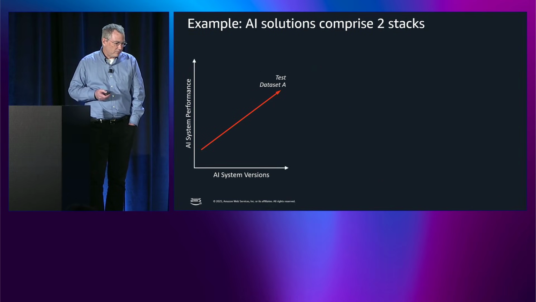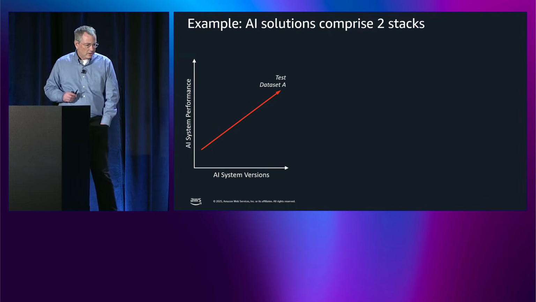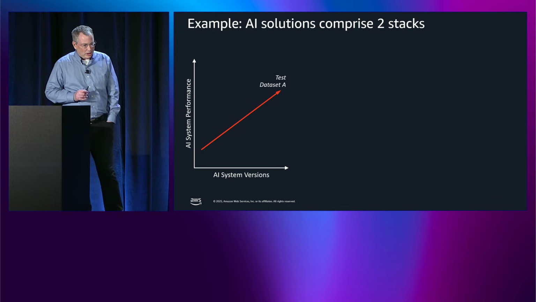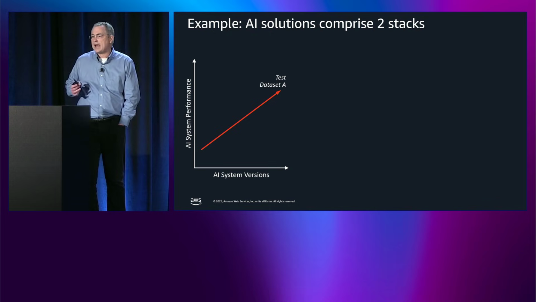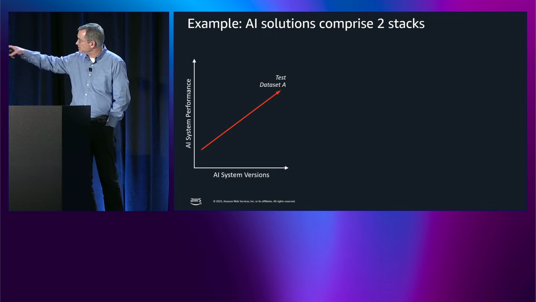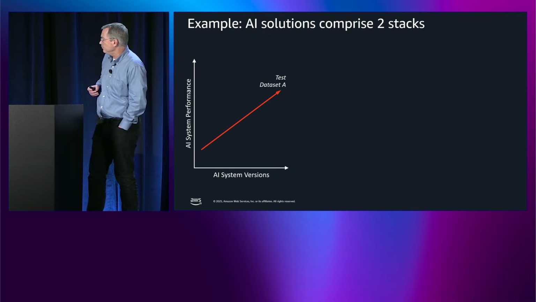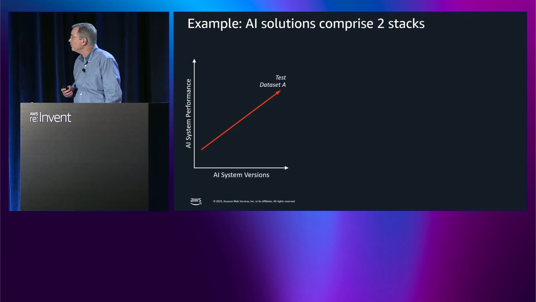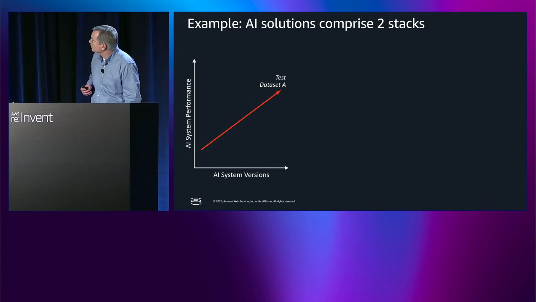So a couple of implications of this. First of all, for the AI side, there are two stacks that you have to worry about. And so if we think about an AI system, and you're improving it version by version on the horizontal axis, and then you're looking at its performance for a particular metric on the vertical axis, right?